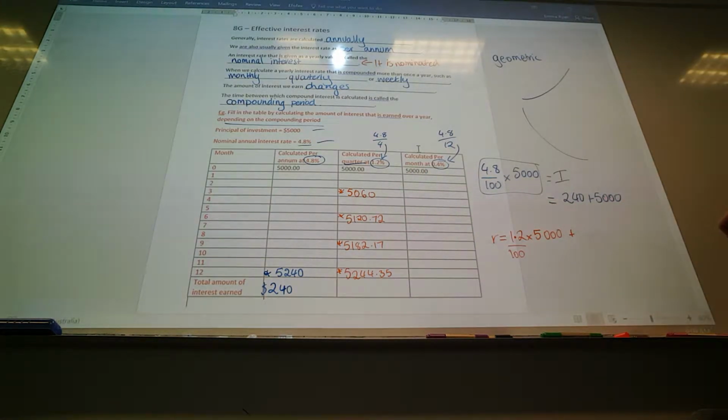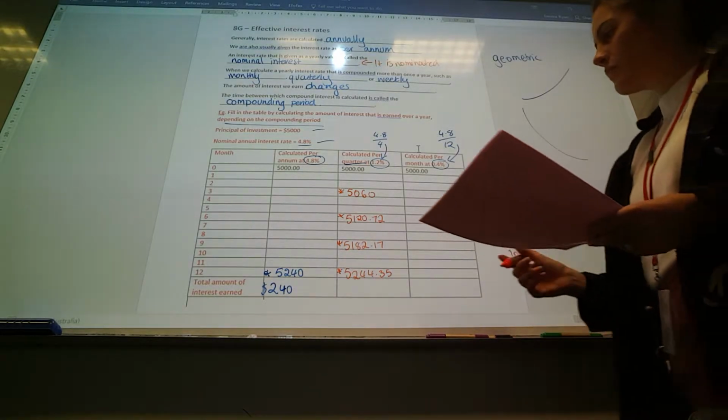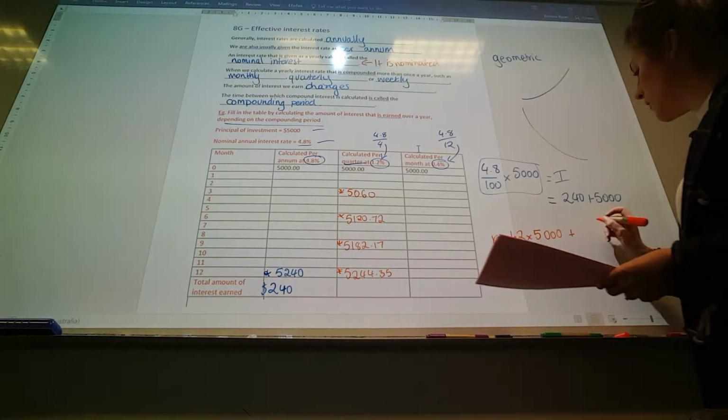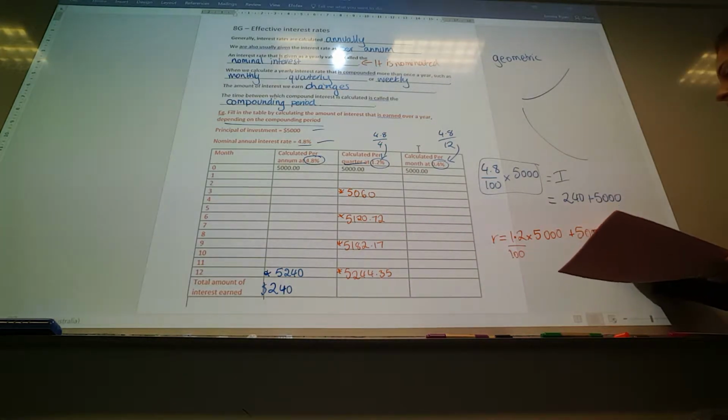Anyone confused about where we're getting those answers from? All good? Why is it a plus sign at the end? Oh, because we need to put where we're starting.